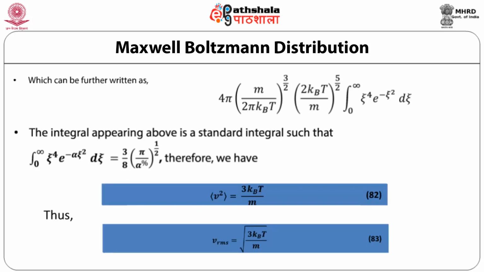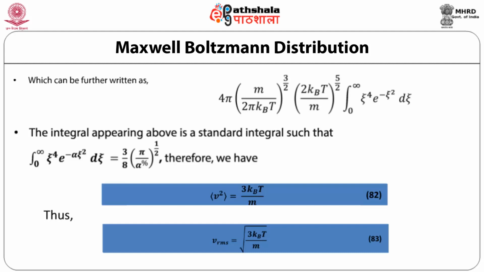The integral appearing above is a standard integral such that the integral from 0 to infinity of ξ⁴ e^(-αξ²) dξ is equal to 3/8 multiplied by (π/α⁵)^(1/2).